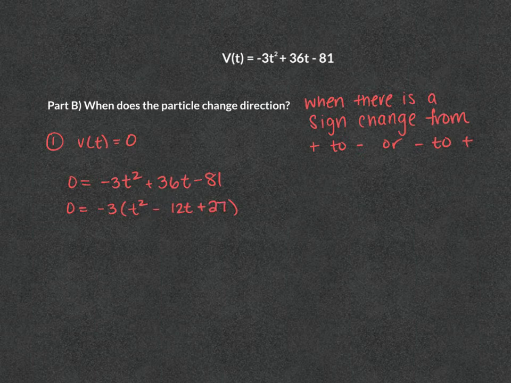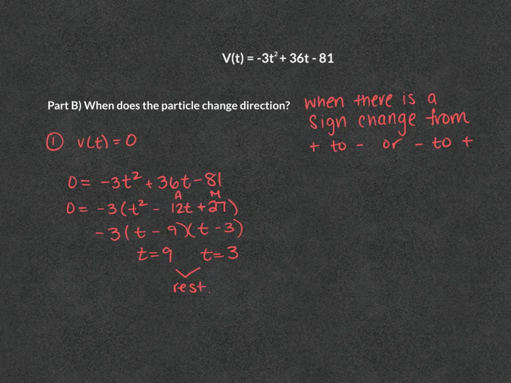And we're going to find numbers that add to negative 12, that multiply to 27, and that number is minus 9 and minus 3. So I have time equals 9 and time equals 3.